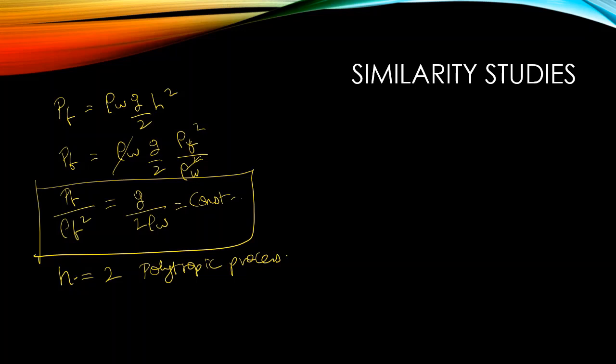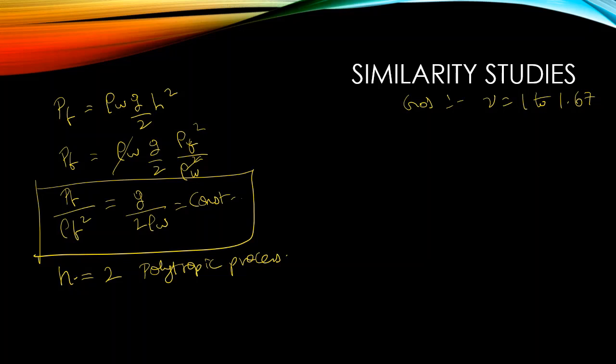But for gas, gamma is 1 to 1.67. So we maintain a range of 1 to 1.67 for gas, but n is equal to 2 for water. So for any kind of hydraulic analogy, you treat the value of gamma as 2. This is an important case for similarity studies.